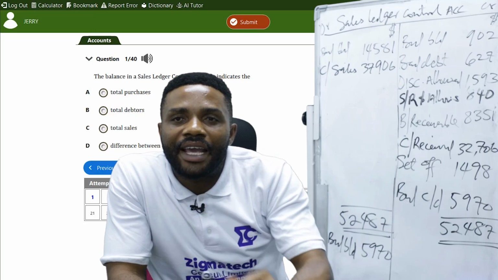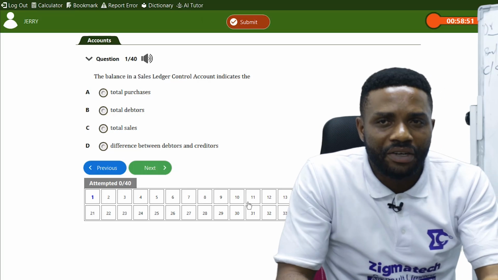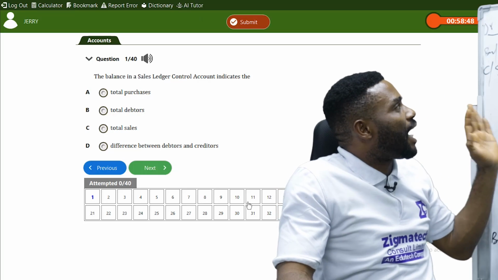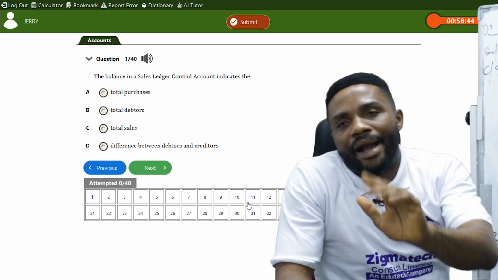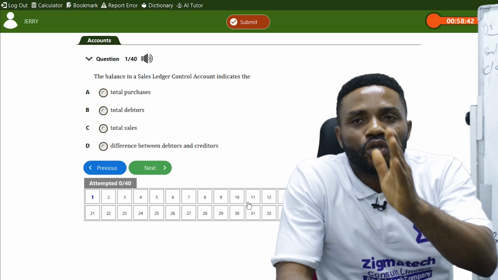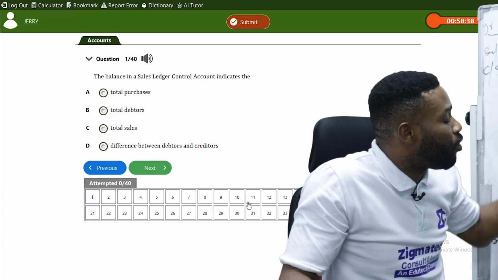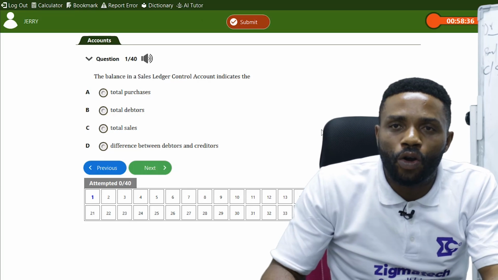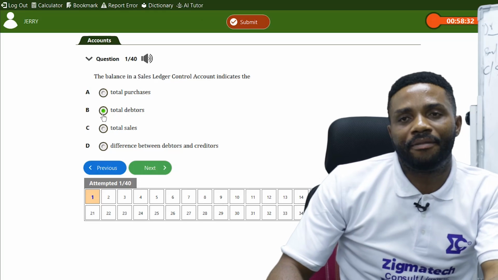So the answer is between total debtors and total sales. Remember, the name of this account is the Total Debtors Control Account. So anything that looks like a balance here falls on total debtors. So total debtors, option B, is the answer.